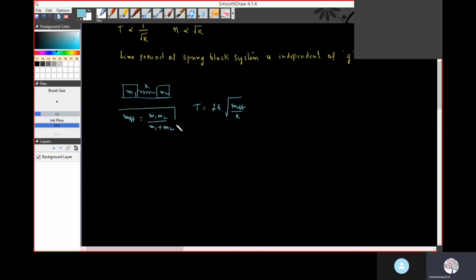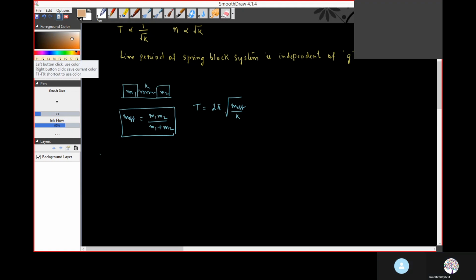This is called the reduced mass. So M effective is the reduced mass.